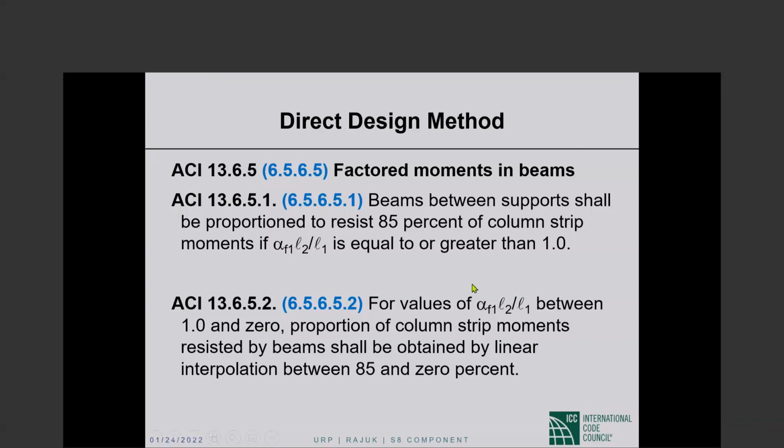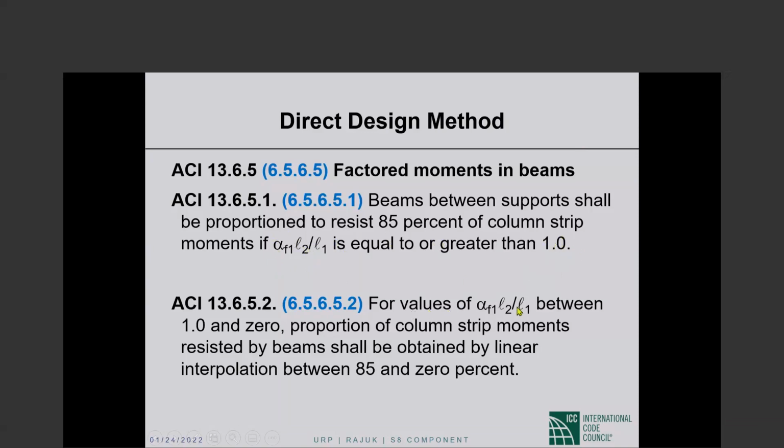If the beam is reasonably stiff, the beam takes 85% of the column strip moment and the strips of slab on two sides of the beam carry only 15%. This is for values of alpha sub F1 L sub 2 over L sub 1 greater than 1.